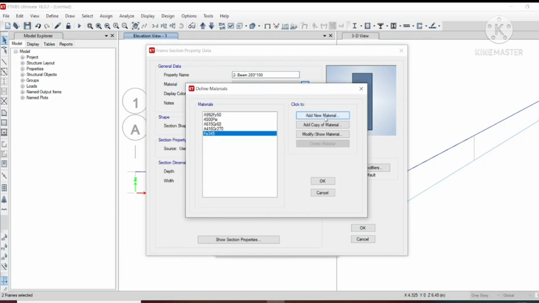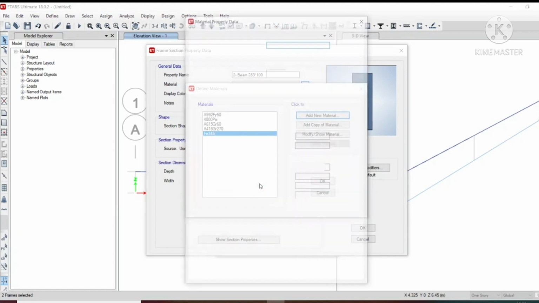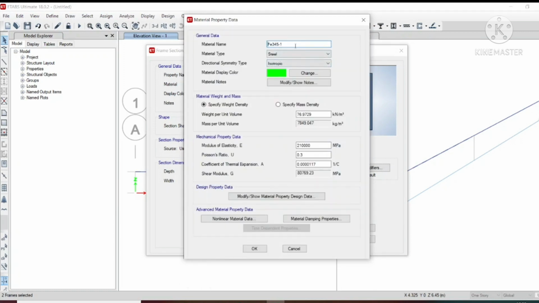So the Young's modulus here, let me give this as Fe3452, and I am just multiplying the Young's modulus by 2. So we are having 2I, that is EI into 2.